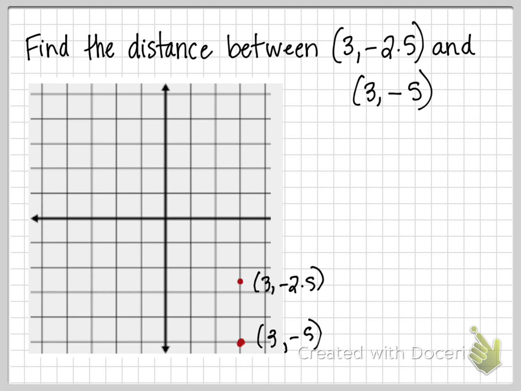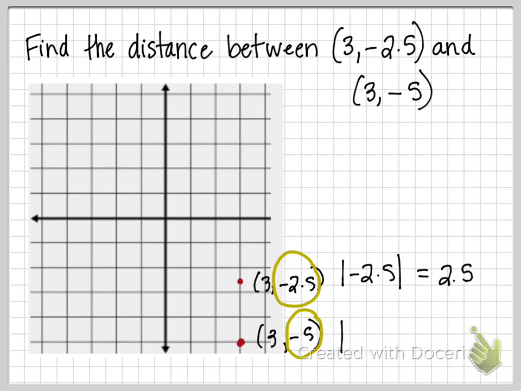Are these points in the same quadrant or different quadrants? Same. So what operation are we going to be doing? Subtracting. We're going to take the absolute value of the numbers that are different. Our 3's are the same, so we don't want to use those. What's the absolute value of -2.5? Good, 2.5.